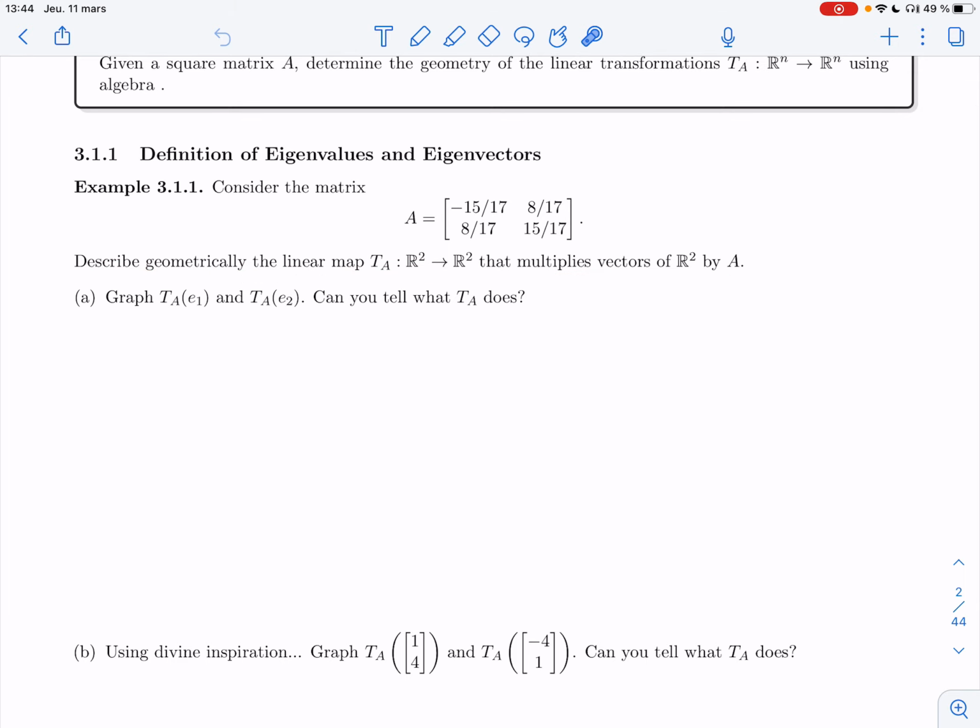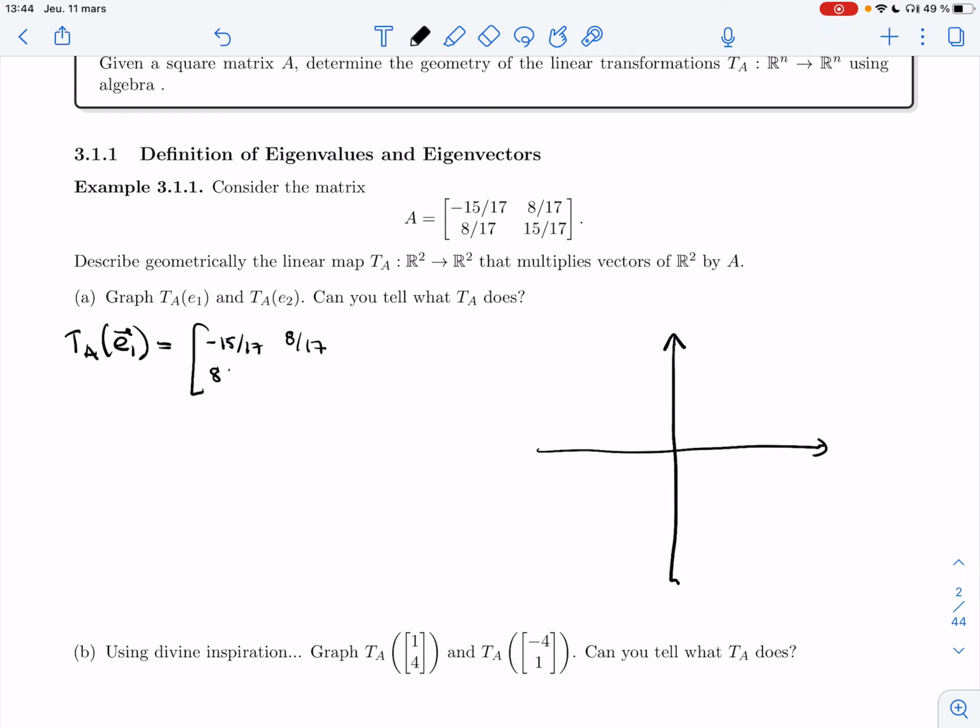All right, so to do this, the first thing we want to look at is where it sends the two basis vectors, and hopefully get a sense of what the linear transformation is doing. So T_A of E1, that's A times E1, times 1, 0.